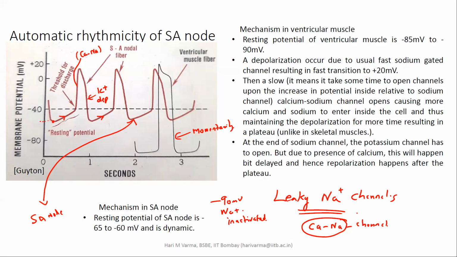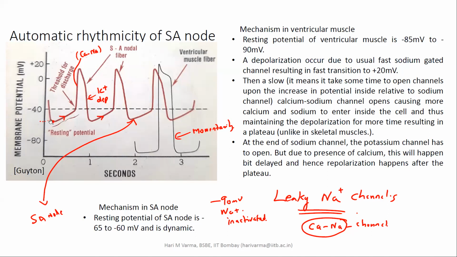But as I have already indicated in the previous lecture, the sodium channels get reactivated only when the resting membrane potential reaches -90 millivolt. But here, since the sodium channels are leaky, they can never get activated because it is not at the resting membrane potential. The inactivation gate is always closed. So sodium channels do not have a role here.